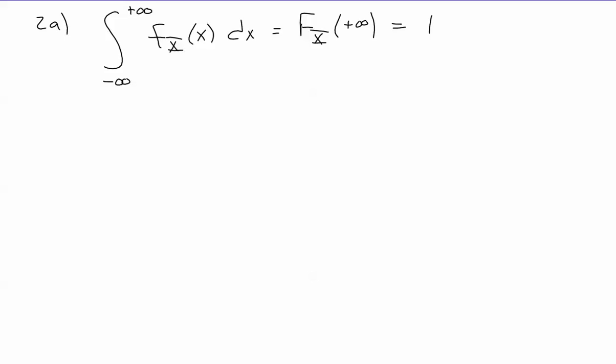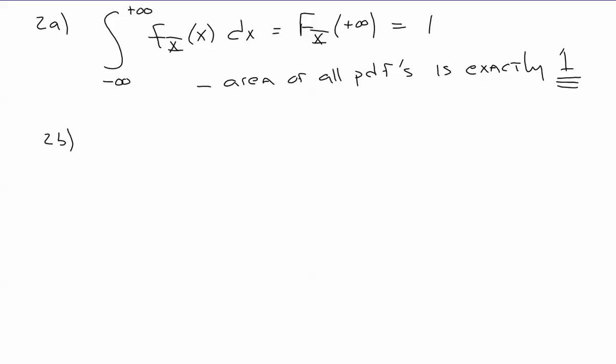What that tells me is the area under a proper probability density function is always exactly 1. Area under all proper probability density functions is exactly 1. All right. There's yet a second corollary to my second property. Let's call this property 2b.